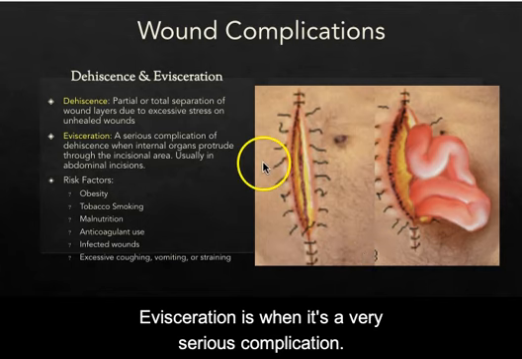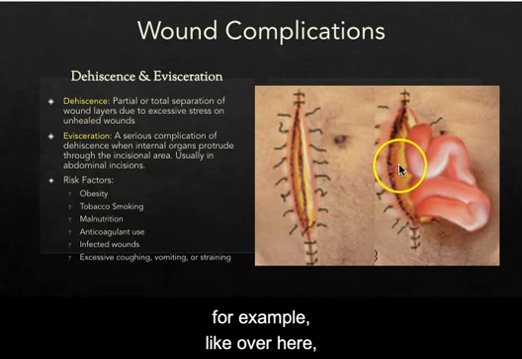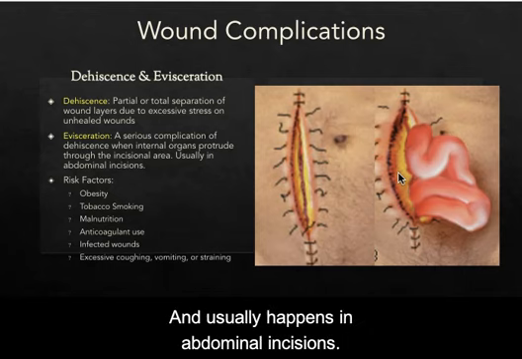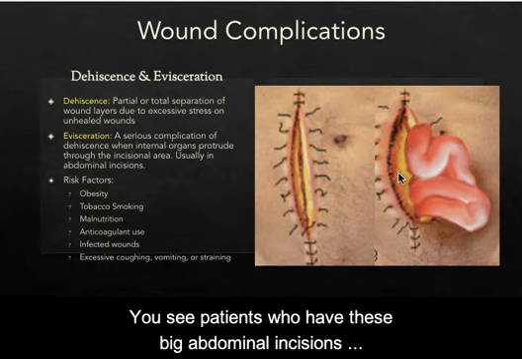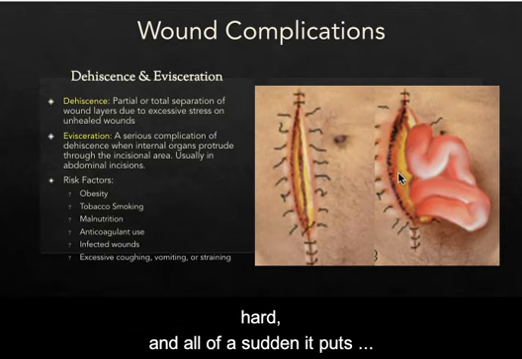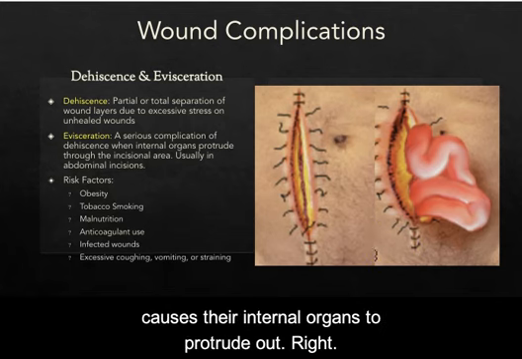Evisceration is a very serious complication. This is when you have that opening, for example, like over here, and then your internal organs protrude out of that incision. And it usually happens in abdominal incisions. You see patients who have these big abdominal incisions, and then they cough really hard or sneeze really hard, and all of a sudden it puts pressure on the surrounding tissue of that wound and causes the internal organs to protrude out, right?